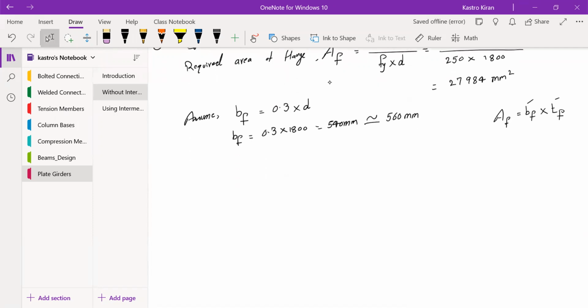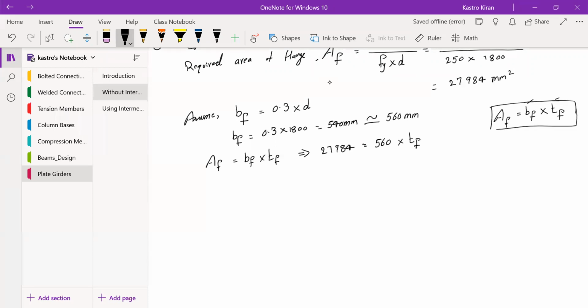So now you have got the width of the flange. Now by using this formula, you can find the thickness of the flange. Therefore, Af equals bf into tf, which implies the area you have obtained, 27984, equals the bf value 560, and you need to find the value of tf.